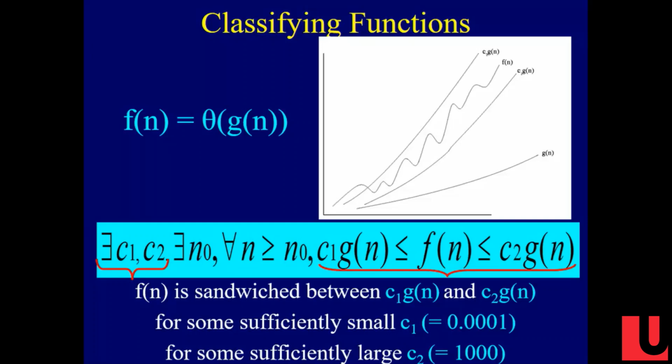So all I'm saying is that there exist constants. I'm kind of lying a little bit because I'm implying that they have to be bigger than 0. If you made it 0, it makes the whole thing kind of boring. So these constants have to be bigger than 0.